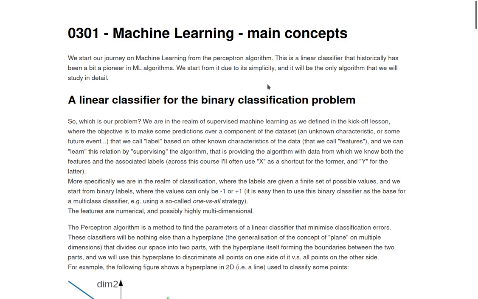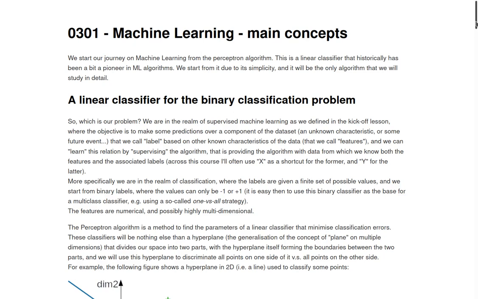And it will be the only algorithm for which we will do that. For the other, more modern algorithms that we will see, we will only have some intuitions, while for this one, we really go deep and see how it does it, not only what it does.